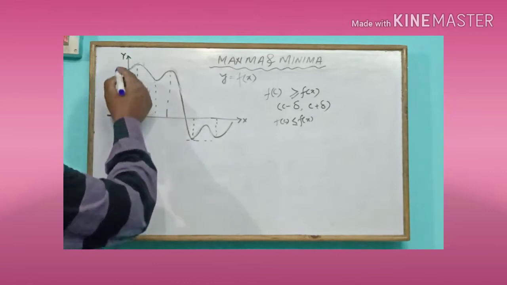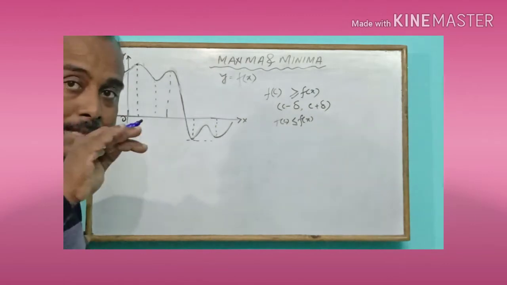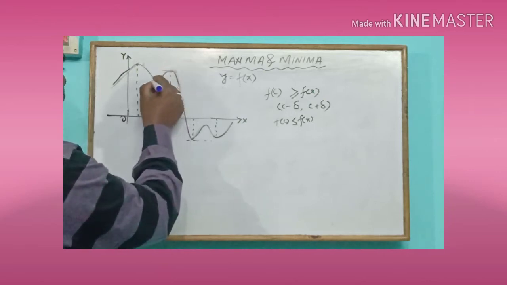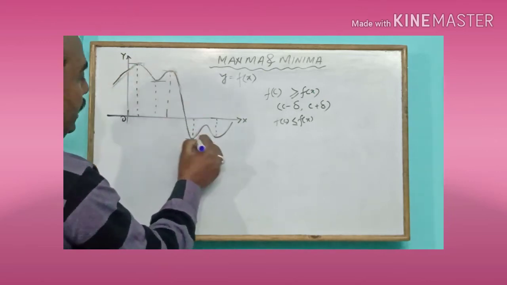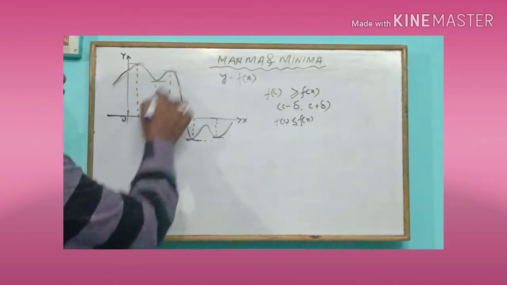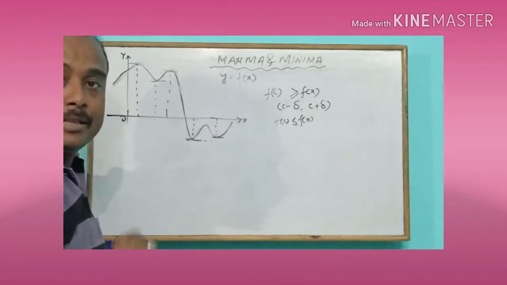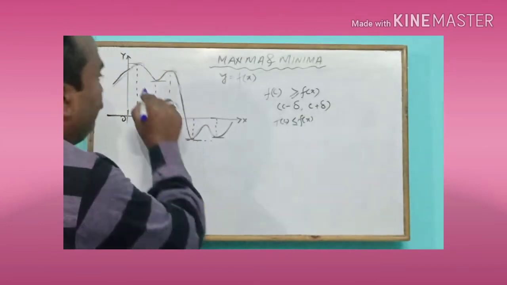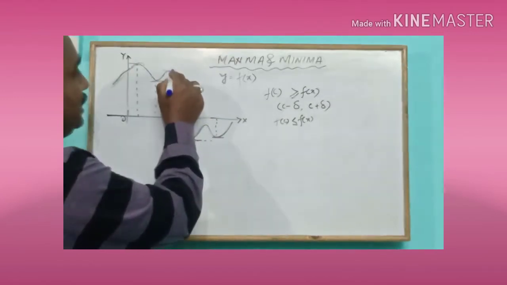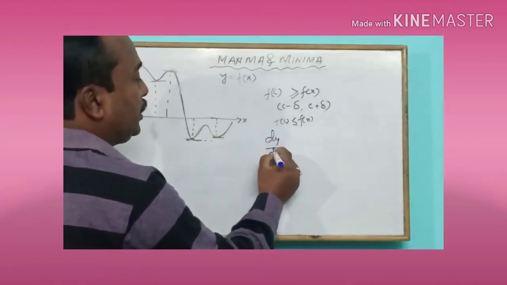So at the peak, we will find it is neither increasing nor decreasing. Even here, here, here. At this point, if I draw a tangent, the tangent is always parallel to the x-axis, which is drawn horizontally. And if the tangent is parallel to the x-axis, the slope of the tangent at these points will be 0.